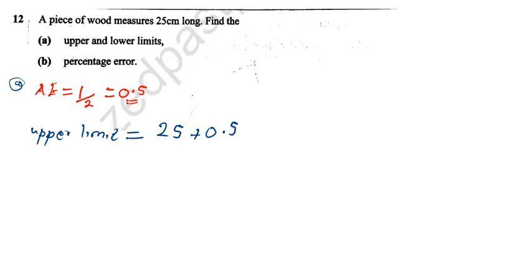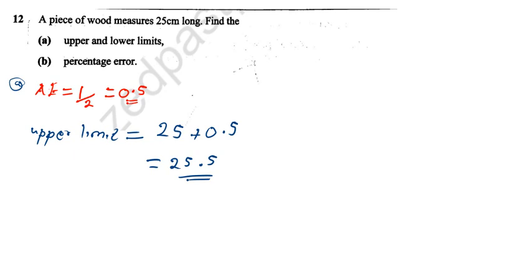When you add 25 plus 0.5, our answer will be 25.5. That will be our upper limit. Whenever you're finding an upper limit, you add the absolute error, and if it was a lower limit, we will be subtracting our absolute error.